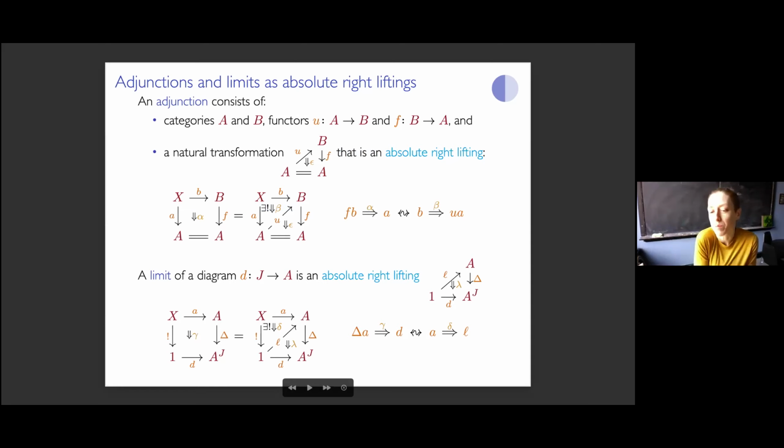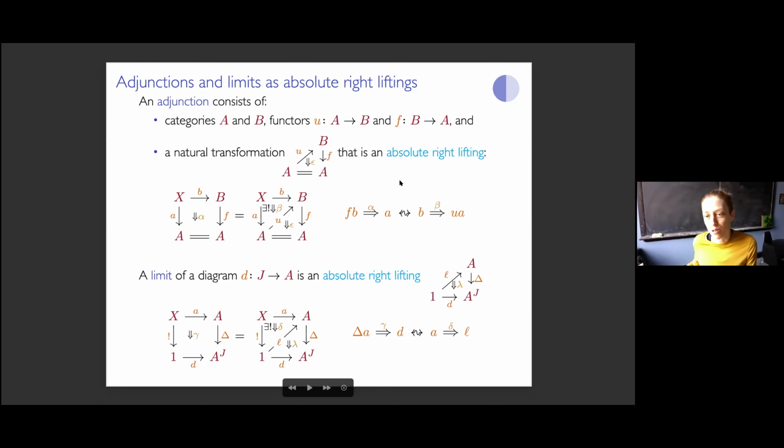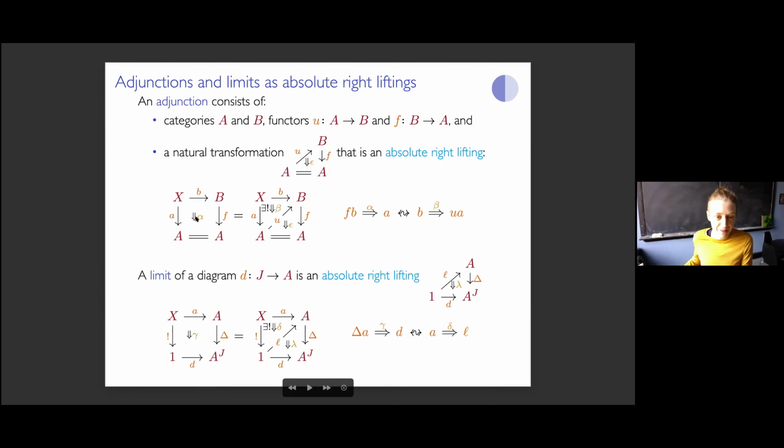And to say that it forms part of the data of an adjunction, I need to specify a universal property, which is to say that this triangle is absolute right lifting. What that means is that if I have another natural transformation, this alpha here, which you can read inline as on the left, so its domain is FB and its codomain is A, then it factors uniquely through epsilon in the way that's indicated by this pasting diagram, which I don't have a lot of time to explain, but there's a graphical calculus for natural transformation composition that is very visually useful.